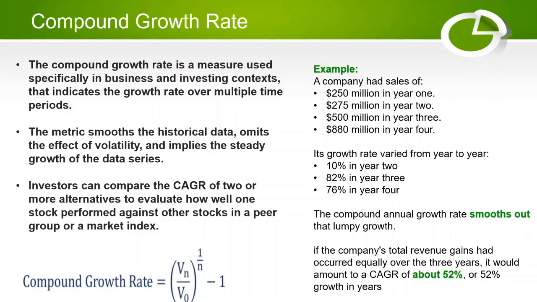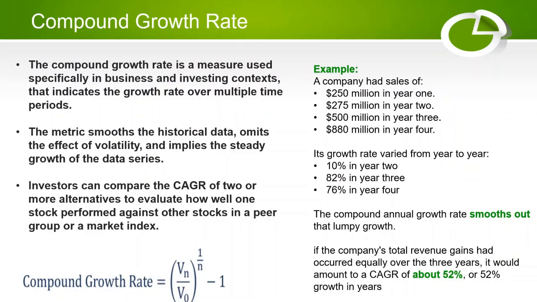Sometimes we can get 10% sales increase from the previous year. Sometimes it may be 25%. Sometimes it may be minus 2%. So this kind of volatility is incurred when we are analyzing the measurement. So this volatility can also be considered. It will be smoothed away by calculating this compounded growth rate.